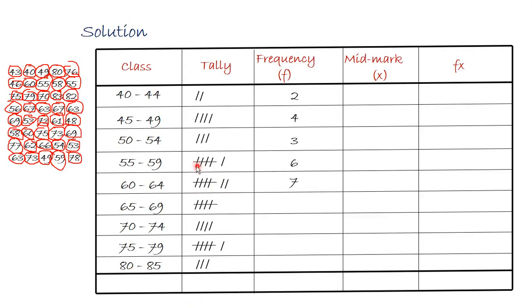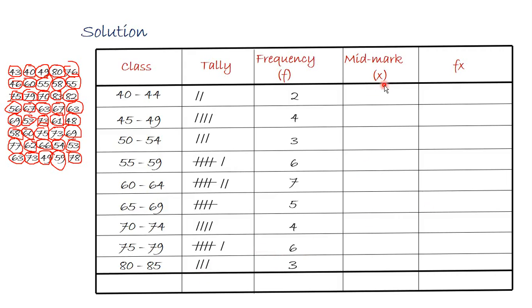Then a band of 5, so this is 5 as the frequency. And then here we have 1, 2, 3, 4, so we shall have 4. Then here a band of 5 plus 1, which gives us 6. Then lastly we have 1, 2, 3, so we have the frequency as 3. So we have the frequency.